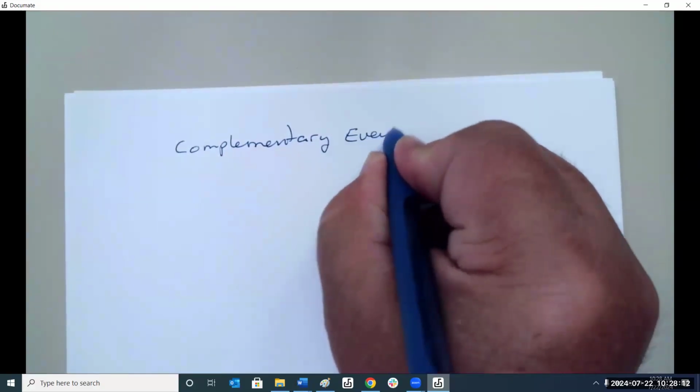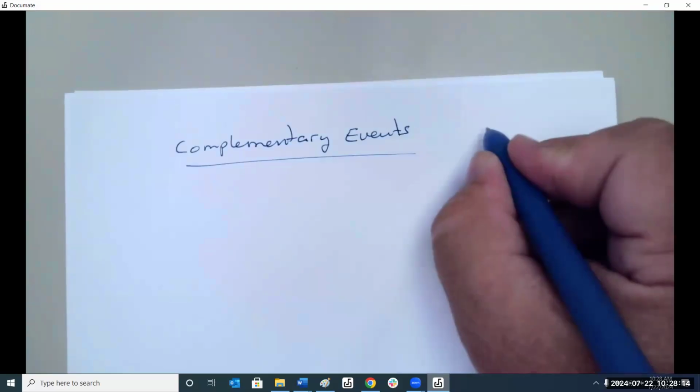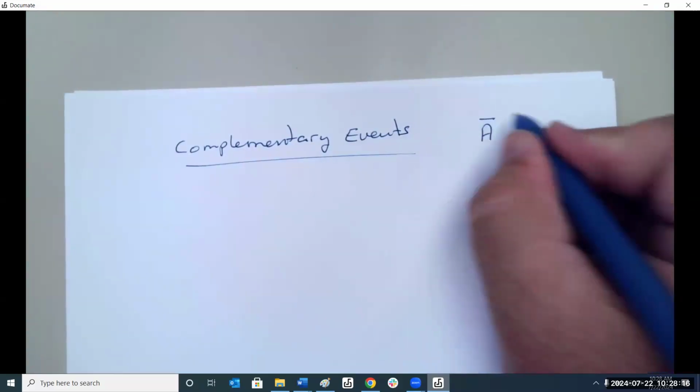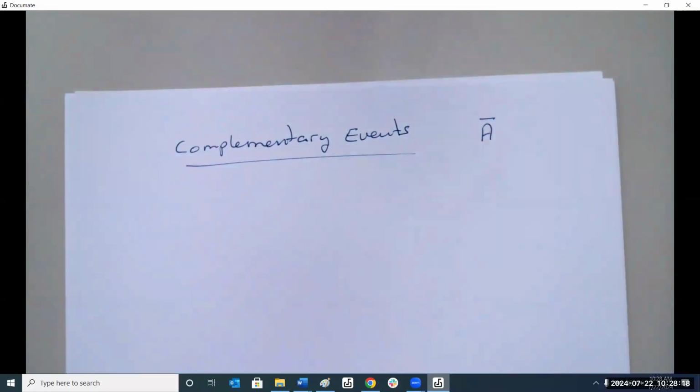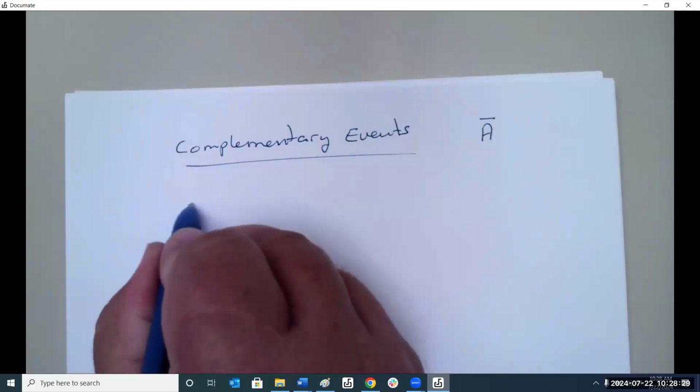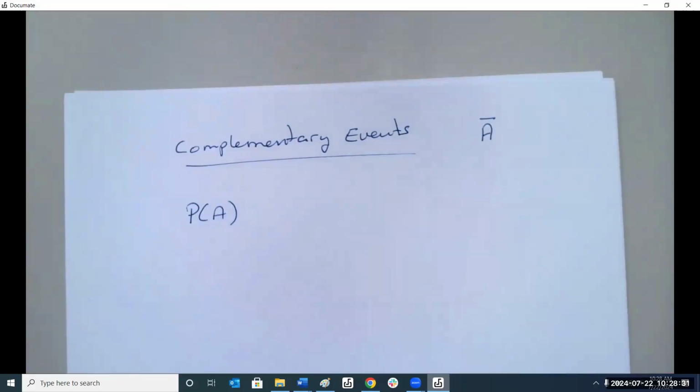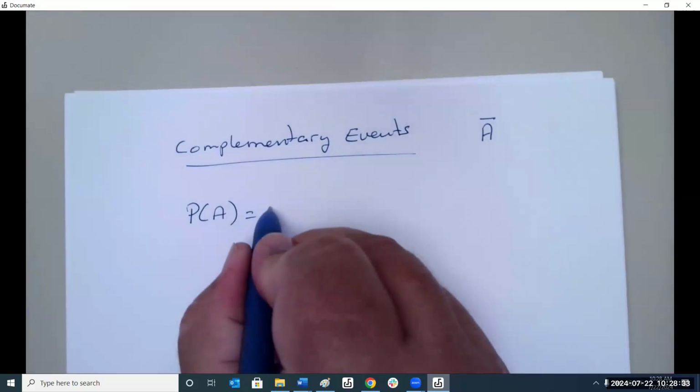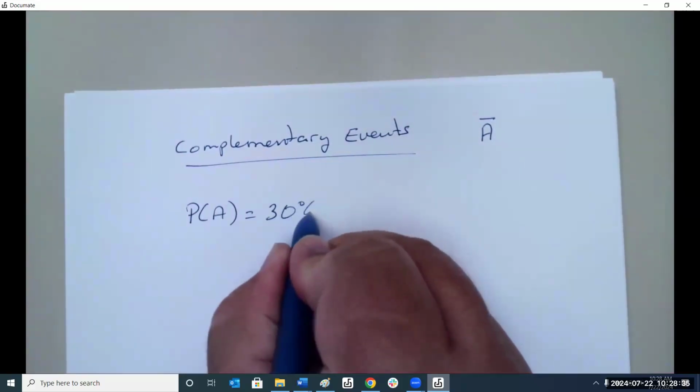Complementary events are denoted as the event with a bar over it, for example, A with a bar over it. Earlier we said the probability of A equals, let's say, 30%.